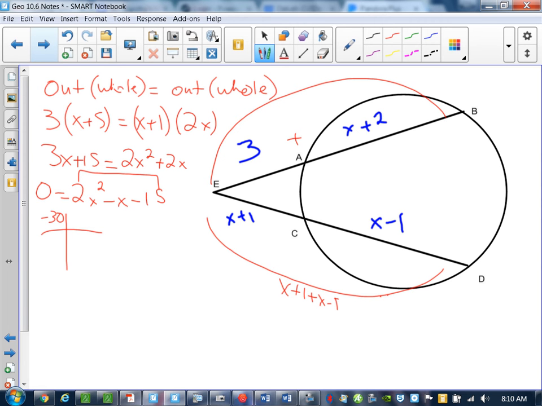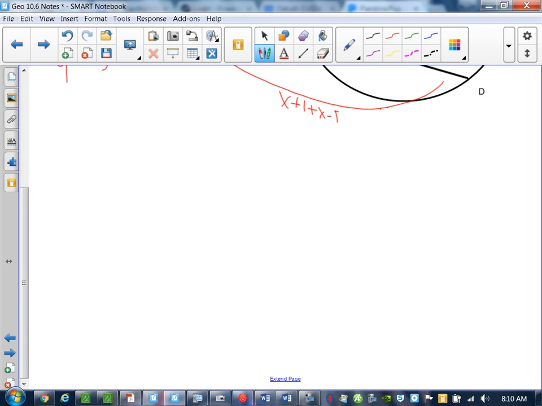What times what is negative 30, but adds to equal negative 1? A combo of 5 and 6, so that'd be negative 6 and 5. Since the middle term is negative, the larger of these two numbers has to be negative. So you get negative 6 times positive 5. So what I do then, let me move this up here.